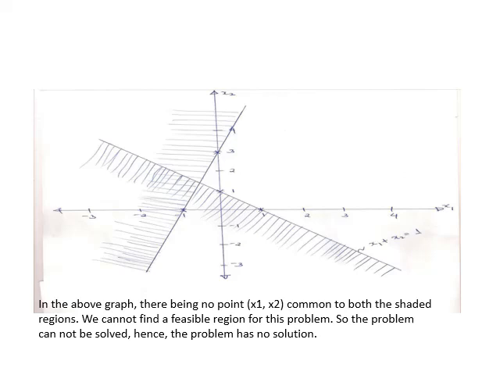Hence, the problem has no solution. It is obvious there are two shaded regions and no determined value of x1 and x2. That's why there is no visible solution.